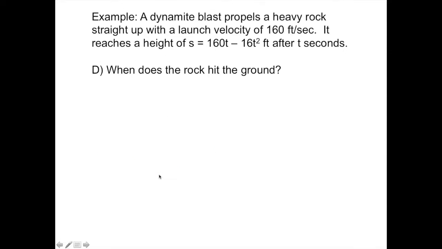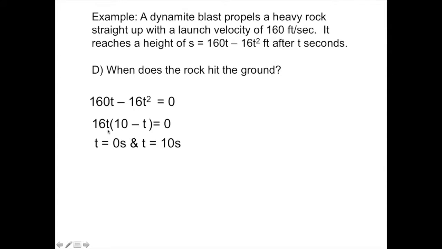It says D is when does the rock hit the ground. So I kind of alluded to this a little earlier in the example. We want to know when basically its position is equal to 0. And so we can solve that algebraically. We can set that equal to 0. We're going to get two values for t as we factor out a 16t.